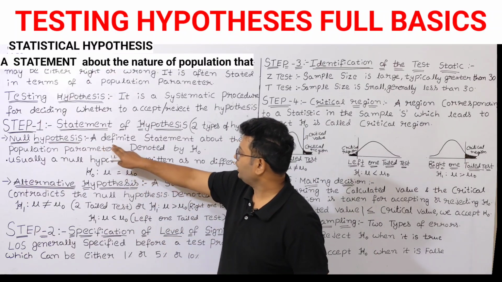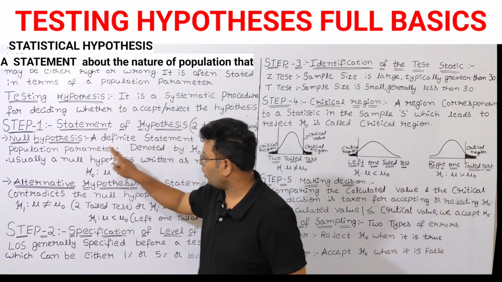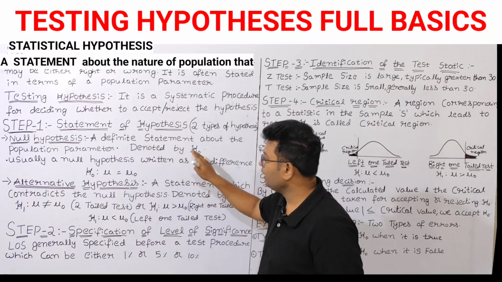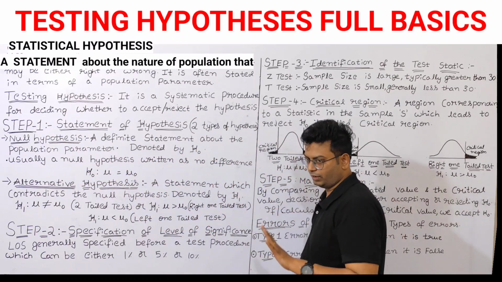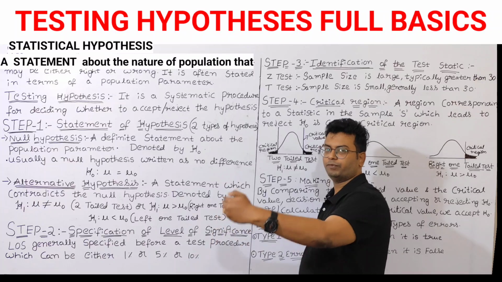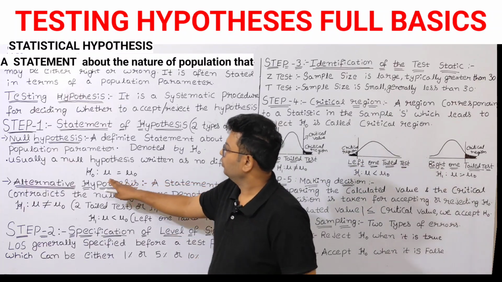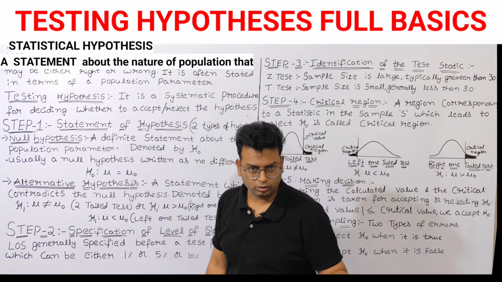So, it is a definite statement about the population parameter denoted by H naught, usually written as no difference, as it is copied from the question. H naught: mu is equal to mu naught.